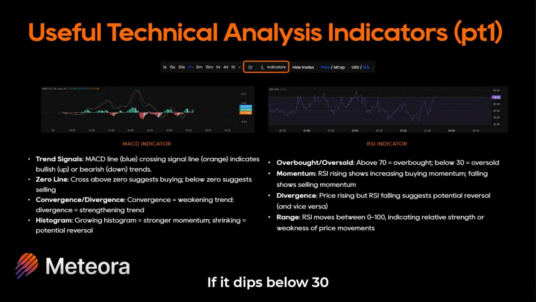If it dips below 30, it may be oversold, and that could be an indicator that it's going to go back up soon. It's not always true in every instance, but it's a way to gauge a potential, if that makes sense.